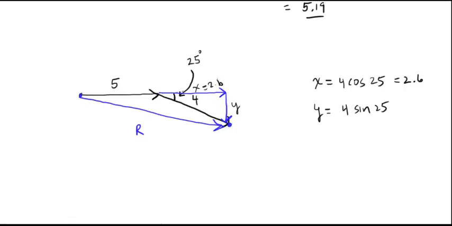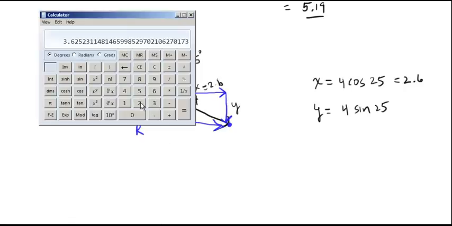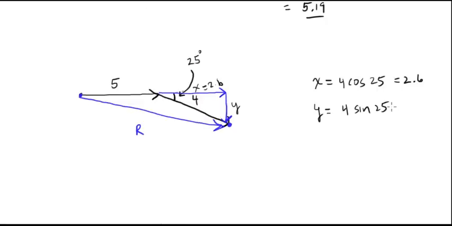And then we'll do the Y here. 25 sine times 4 is 1.7. I'm going to round that to 1.7, so this is equal to 1.7. And now, since I know that this is a right angle, I can go ahead and erase this.